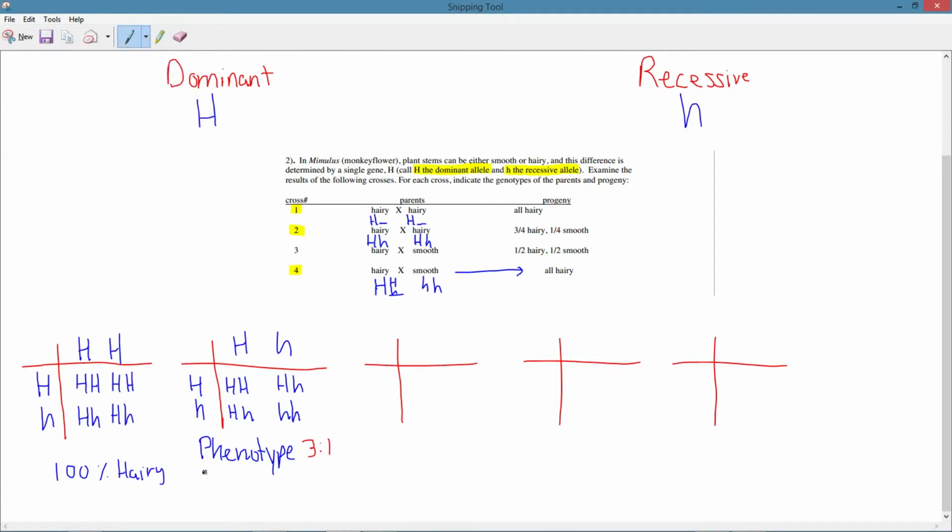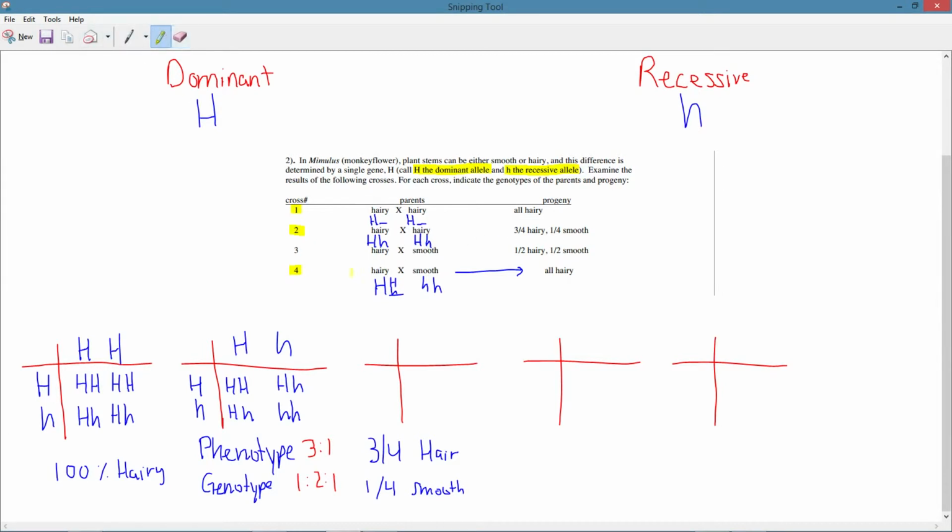But for the genotype, it gives you a 1 to 2 to 1 ratio. So this basically means that 3/4 will be hairy and 1/4 will be smooth. Is that what we want? Yes, therefore this is correct.